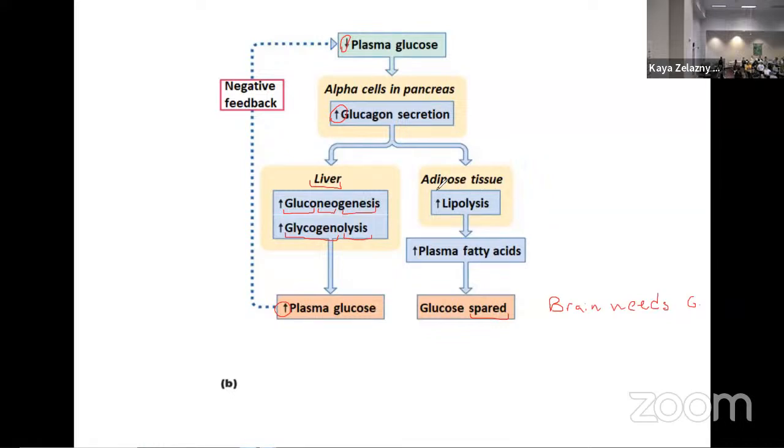One of our best sources of energy is our lipids, so we're going to increase how much we're breaking down lipids. Lipolysis is the breakdown of lipids, in particular our fatty acids.